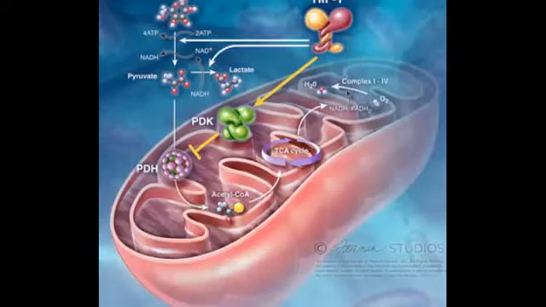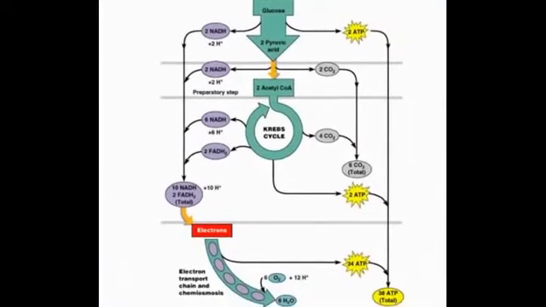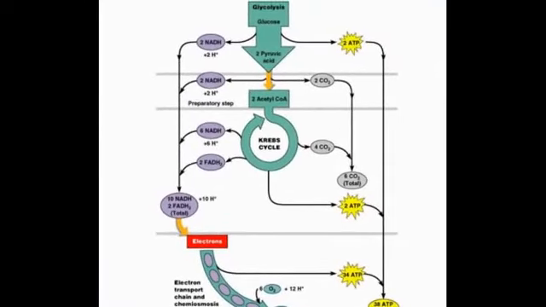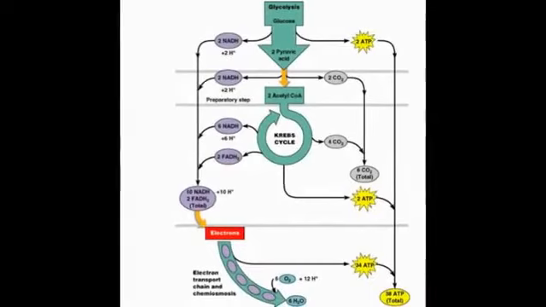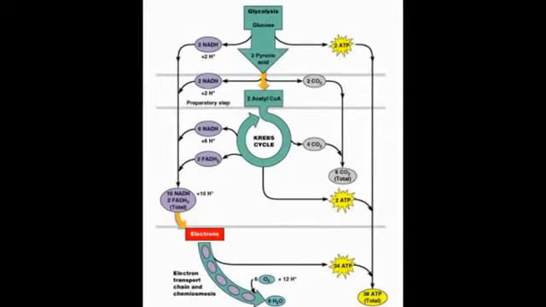So here is a representation of glycolysis, how the glucose separates into different states in lysis and finally reaches the pyruvate state and goes inside the cycle of Krebs.